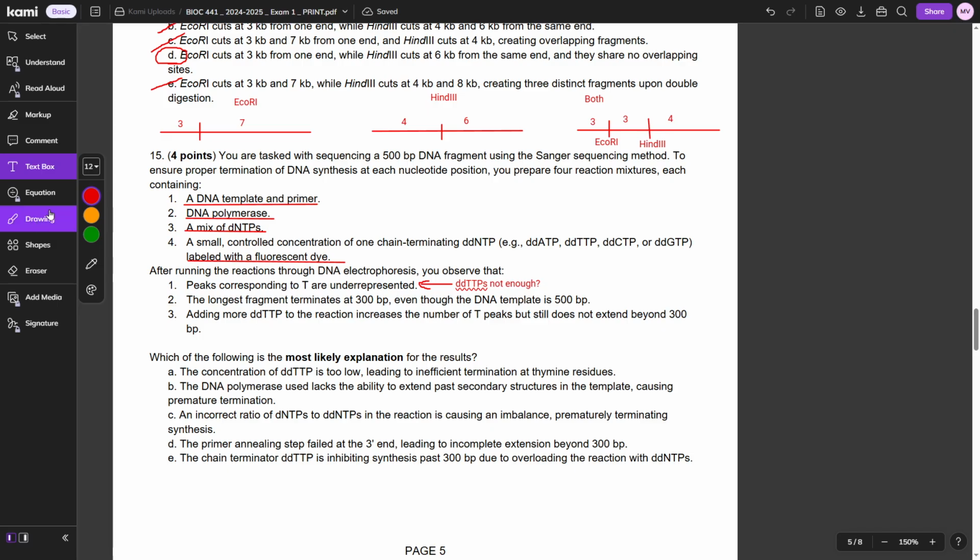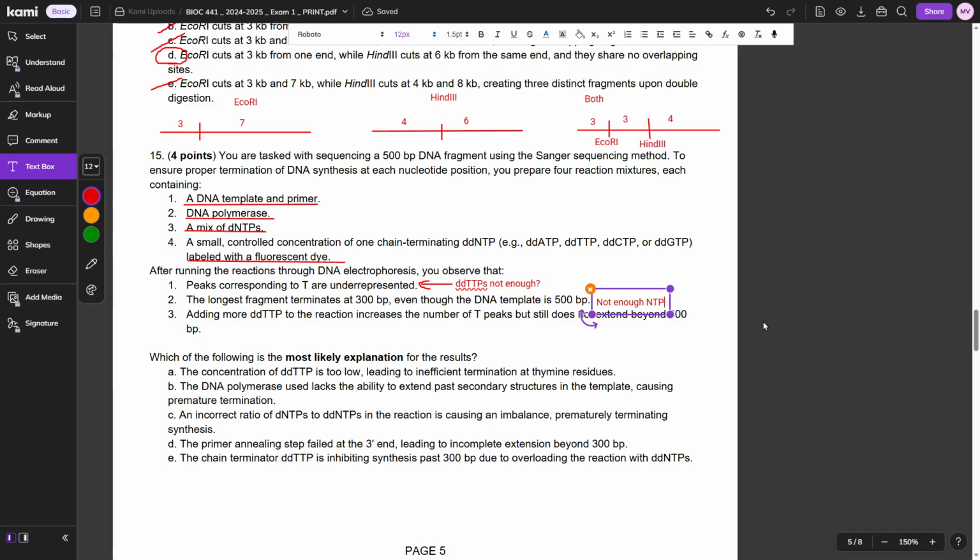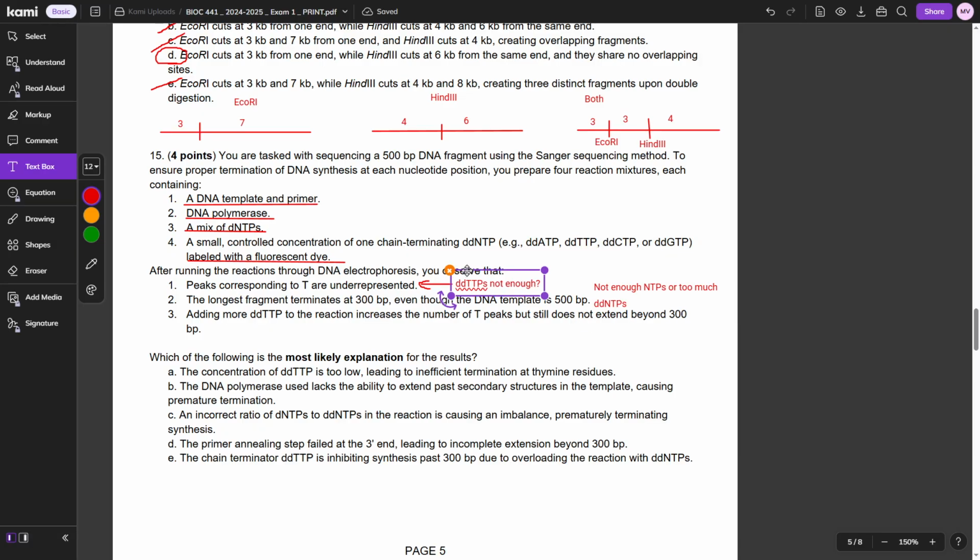Okay, so maybe you either didn't add enough dNTPs, or you added too many ddNTPs. The fact that it's terminating early suggests that you either don't have enough dNTPs, or you've added too much ddNTPs and you didn't add enough ddTTPs, right?